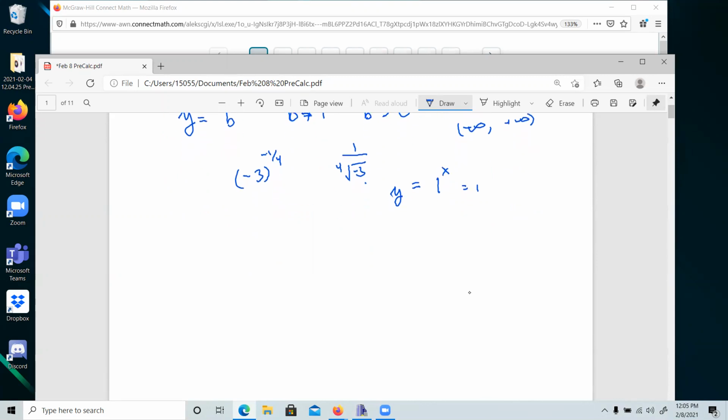The other reason is that we are going to equate exponents. If we have 2 to the x and we have 2 to the 2, then we equate the exponents and have x equals 2. But if I have 1 squared equal to 1 cubed, and I go ahead and equate my exponents, then we have a mess.